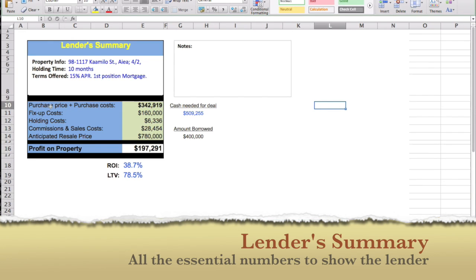You don't need to overload them with all of the numbers that you're looking at. This just kind of makes it short and sweet. You can cut and paste this and send an email over to them of just this particular page. So it gives them the basic things that they need to know without getting them lost in all of the numbers that you are doing in your analysis.